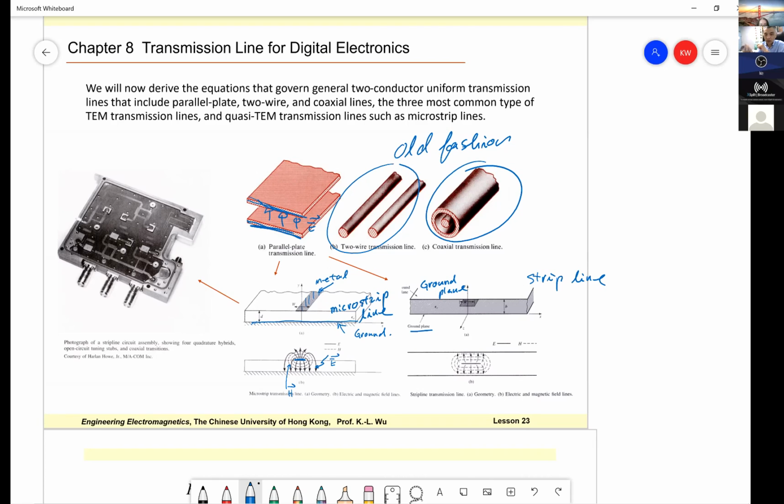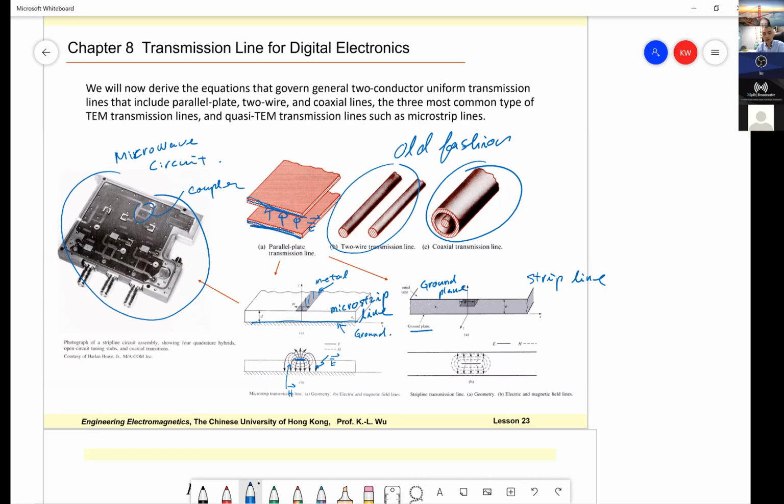And also, this is a microwave circuit. In a microwave circuit, you have different functions. Let's say, for example, this is called a coupler. Then you have an amplifier, the power divider, and so on, to perform certain functions.